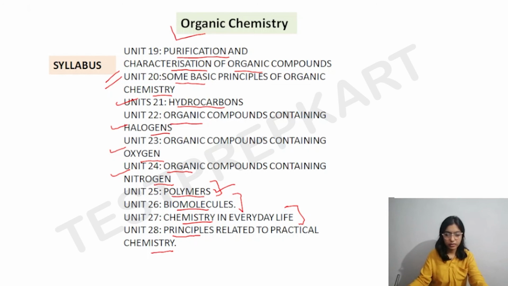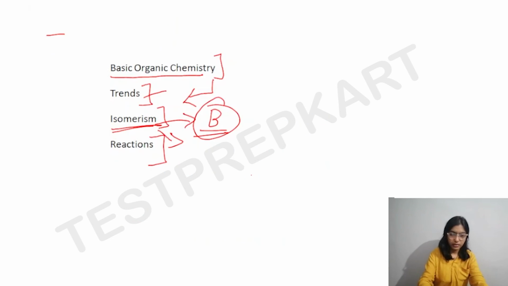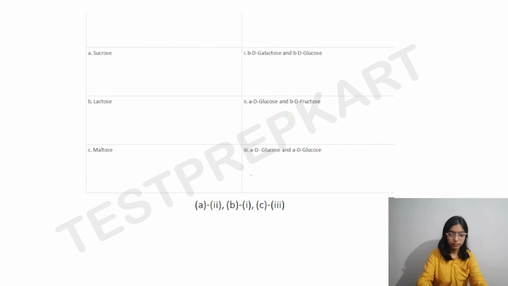Direct questions come from them also, from polymers. Let's see the questions. Here, match the following. This is a biomolecule question. Sucrose: D-glucose and D-fructose. Lactose: D-galactose and D-glucose. Maltose: D-glucose and D-glucose. These are direct questions that you can answer.